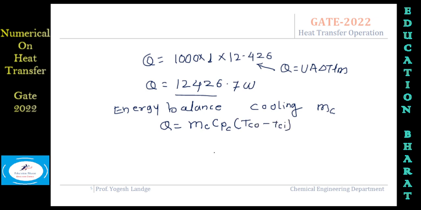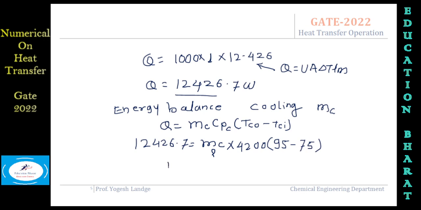We have the value of Q from the previous calculation, so we can write 12426.7 equals the mass flow rate of the cooling water, which is to be asked, times the specific heat, given as 4200, times the temperature difference. The outlet temperature is 95 as mentioned in the statement, and the inlet temperature is 75.